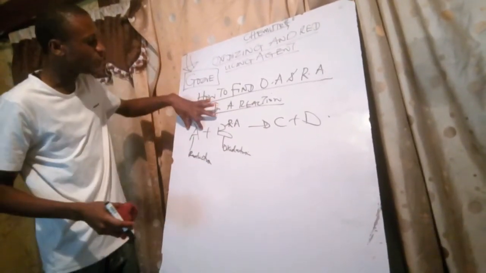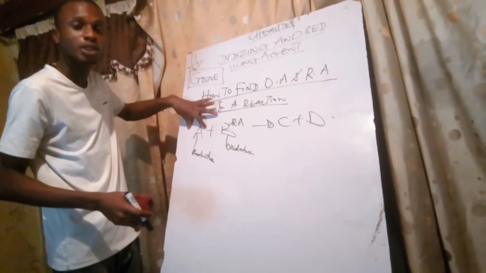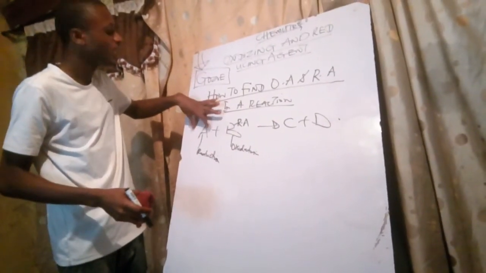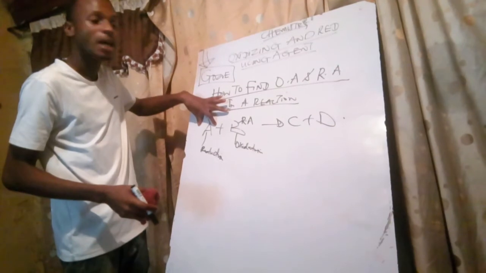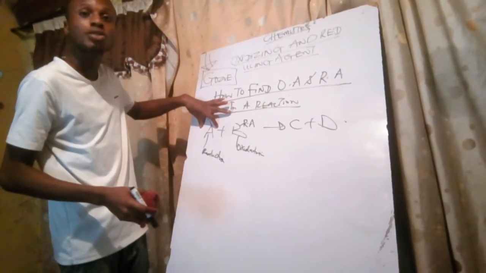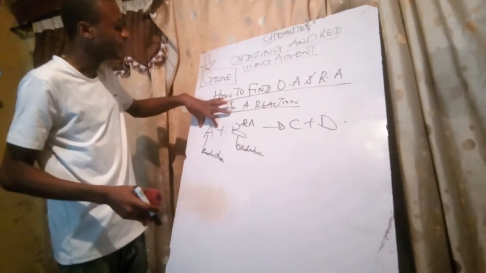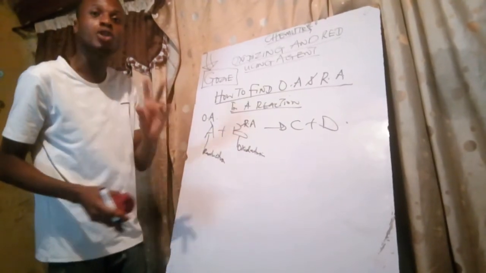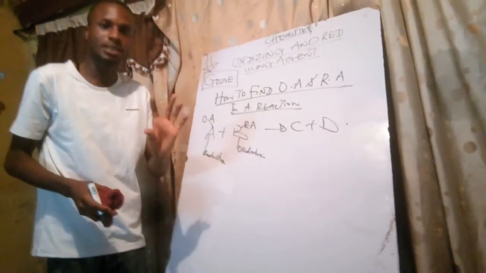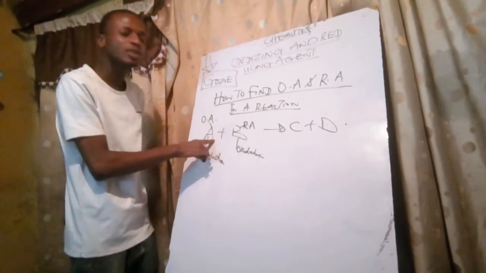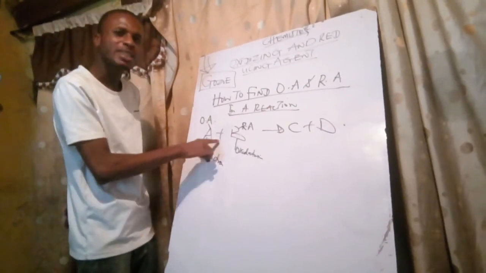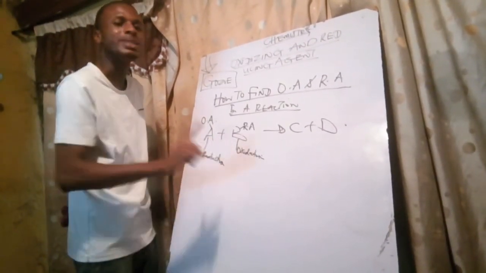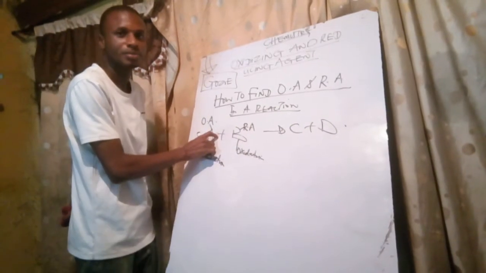If you have a compound here, most times it is a compound, sometimes an element, and you want to know what happens to that compound, then you must check which element in that compound will be the man of the compound.